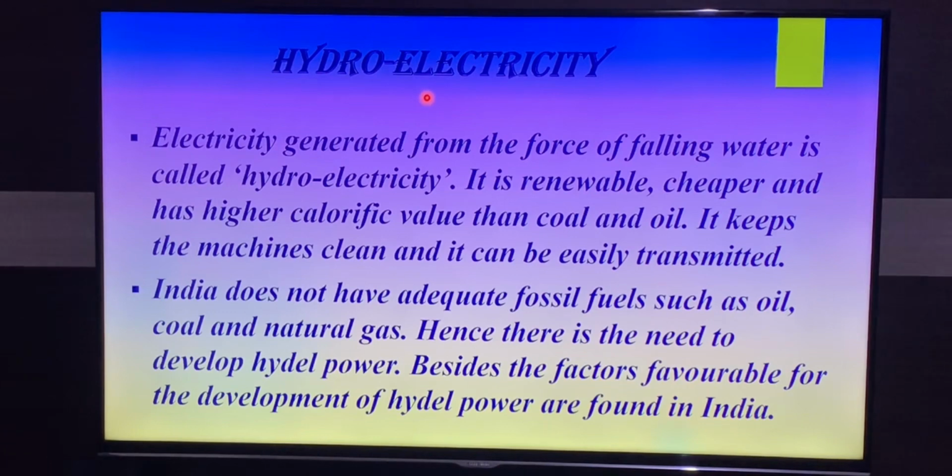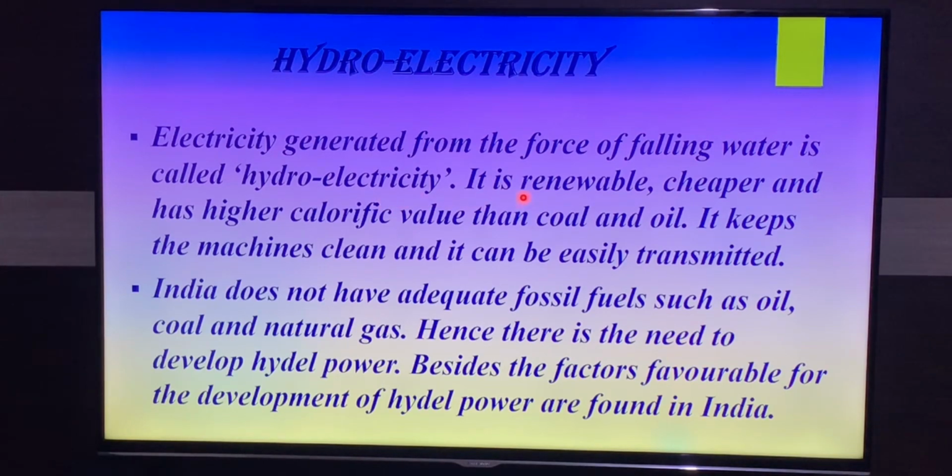Next, hydroelectricity. Electricity generated from the force of falling water is called hydroelectricity. It is renewable, cheaper and has higher calorific value than coal and oil. It keeps machines clean and it can be easily transmitted.